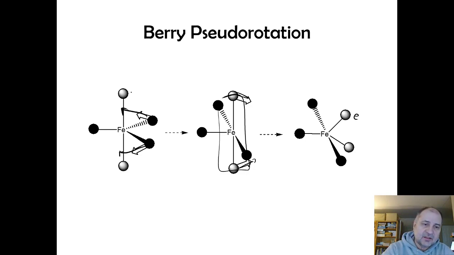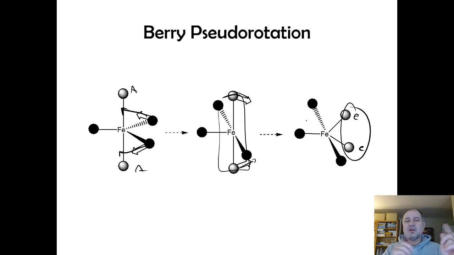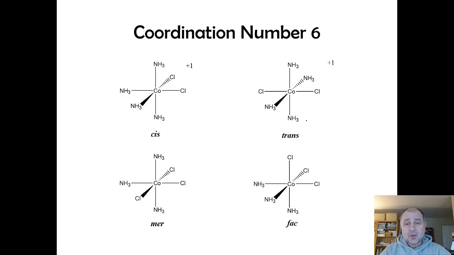So we have the axial position here turning into equatorial position. And so as long as that movement is faster than either the IR timescale or the NMR timescale, you cannot distinguish the difference between them. But we can cool this down, the instrumentation, and sometimes you can observe the different stretching frequencies. And so we'll look at dynamic NMR at some point.